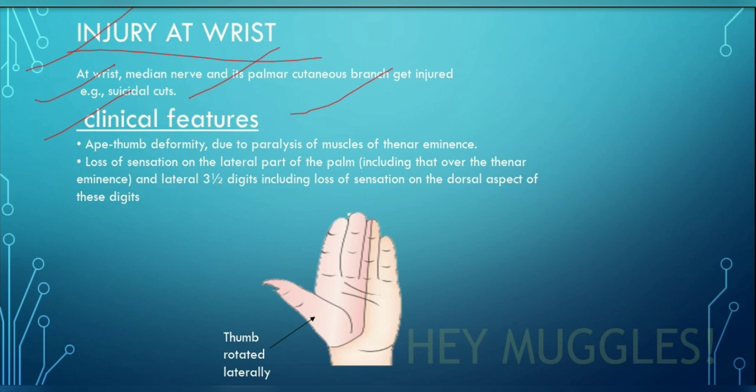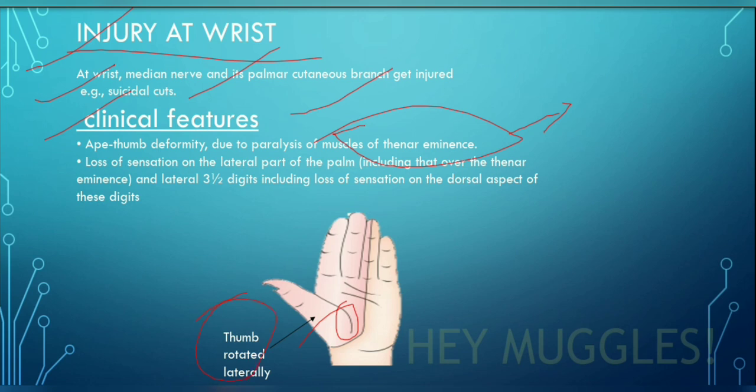It is due to loss of opposition of your thumb because of the paralysis of muscles of your thenar eminence, the muscles present in the palm at the base of your thumb, right? So paralysis of muscles of thenar eminence would cause ape-like thumb deformity. In this picture you can see that the thumb is rotated laterally.